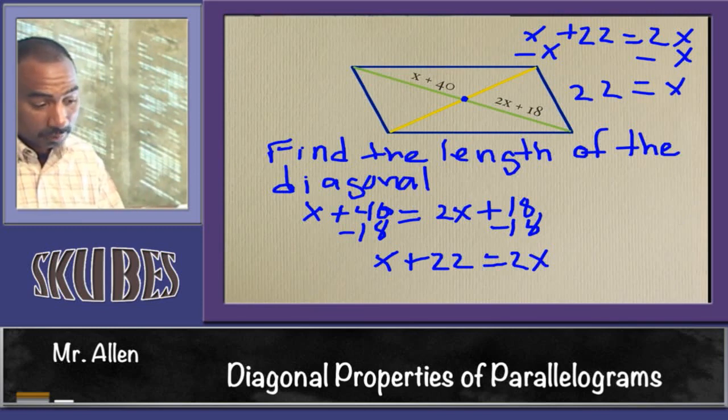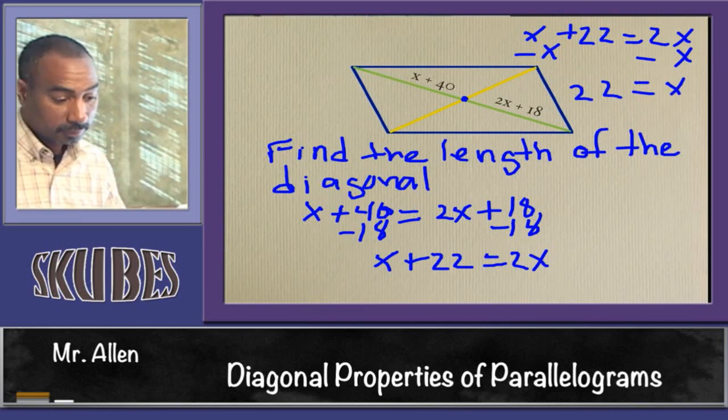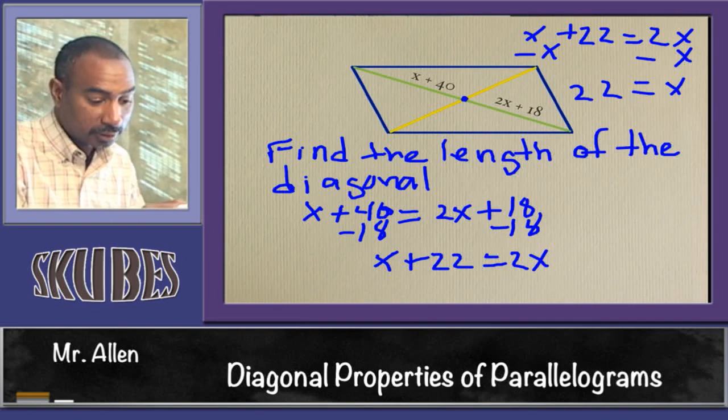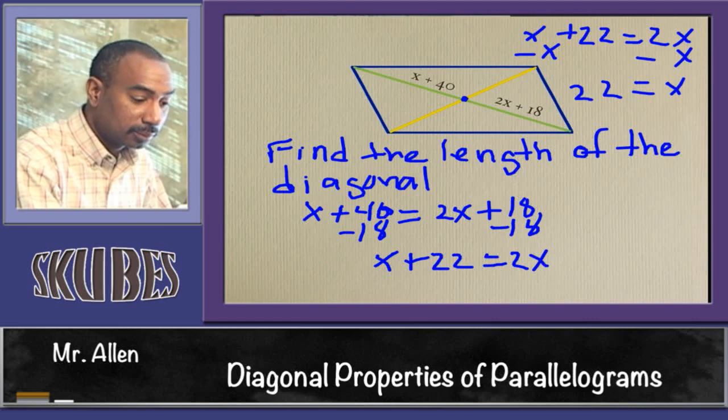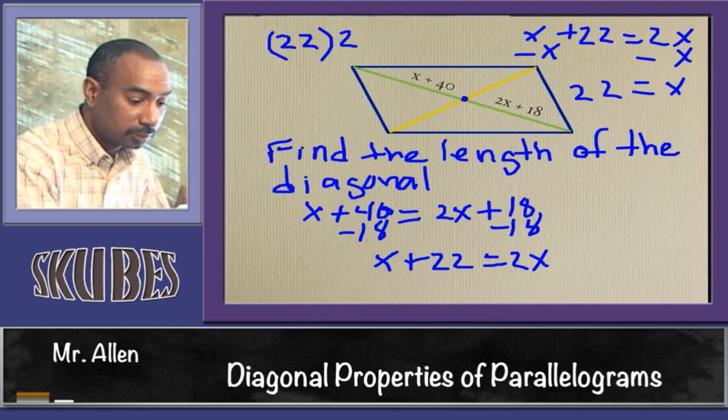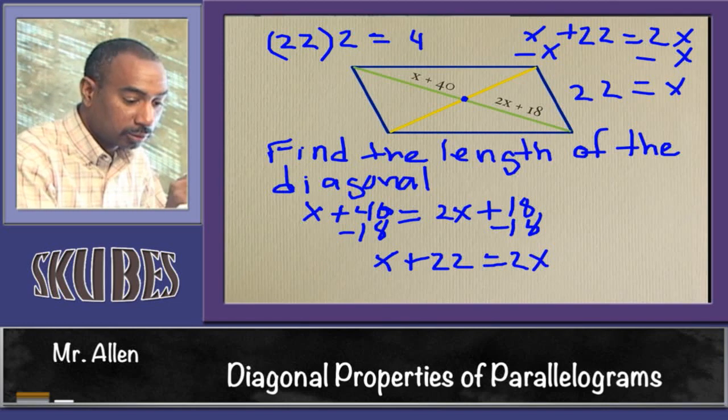But don't stop there. You want to know the length of the whole diagonal. I want to know the length of the green diagonal. So don't forget to take twice that. So 22 times 2. So the length will be 44.